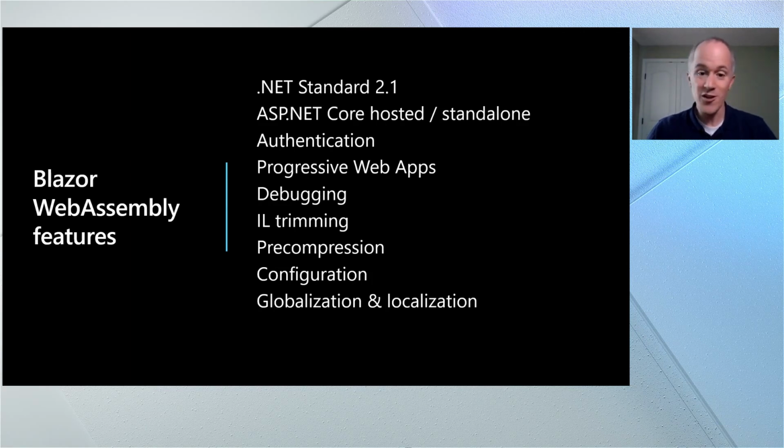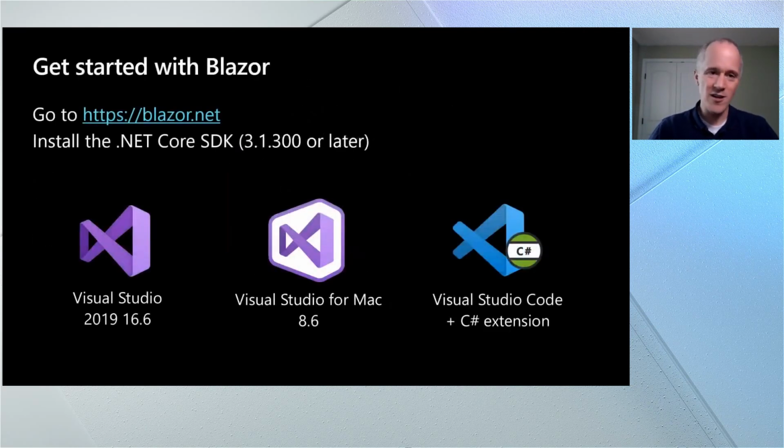You can configure your Blazor WebAssembly app as well as localize it so it's ready for a global audience. It's easy to get started with Blazor. Just go to blazor.net and then download and install the latest .NET Core SDK, version 3.1.300 or later. You can then build your app using Visual Studio for Mac, or Visual Studio Code with the C# extension.